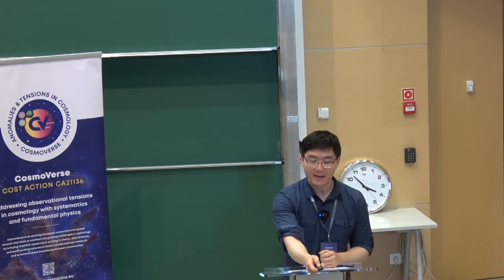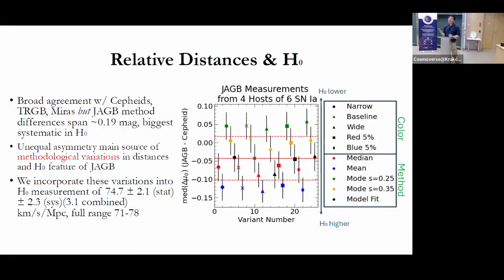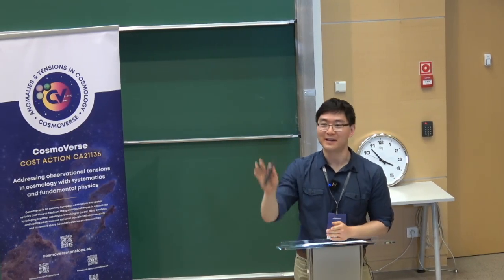The other effect is the methodological variations that the TRGB doesn't have yet. The TRGB typically uses one method. You can use a Sobel filter or maximum likelihood estimation. For the JAGB, we're using different variants here, and we do see different variations across those variants. And that's something that the TRGB method at the moment doesn't really have. In Cepheids, of course, there's just one way to do that.